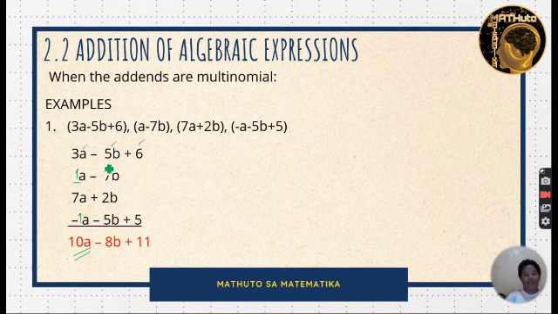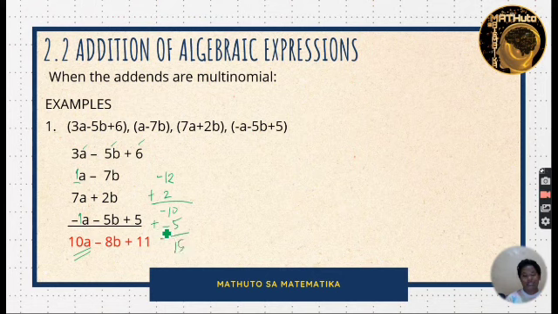Then for b, negative 5 plus negative 7 is negative 12. Plus 2, since unlike signs, subtract, so negative 10. And plus negative 5, since they are like signs, we add, 15, and copy the negative sign.